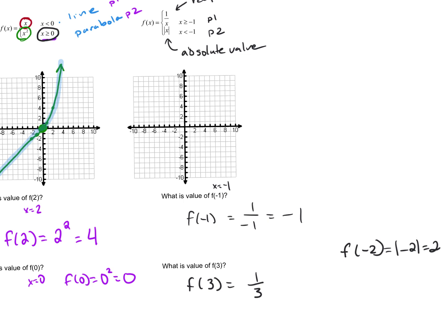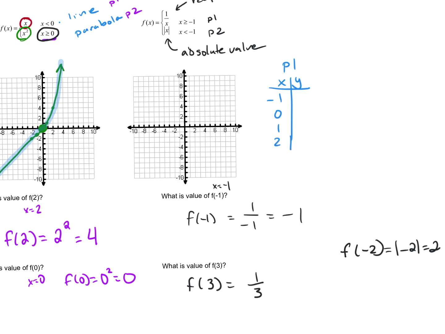So that's fine, but let's go ahead and graph this. So we know absolute value is kind of half of a V, and we kind of know a reciprocal function has that asymptote and all that. But we might not see all of it, because remember, we're doing a piecewise function, we're only looking for portions of it. So I'll do piece 1 here, and I want x's that are greater than or equal to -1, so I'll go -1, 0, 1, stuff like that.